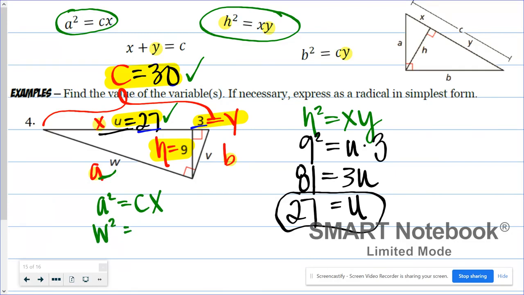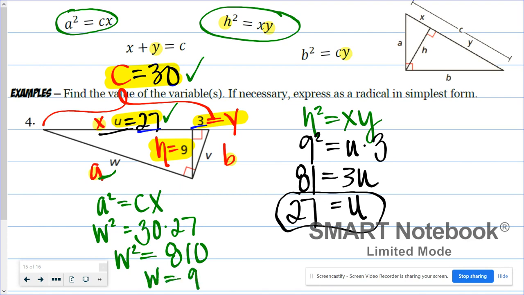The value of C is 30 and X is 27. So I get that W squared is 810. Do you know what I see when I look at that? I see 81 times 10. So that means W is going to be 9 square root of 10.